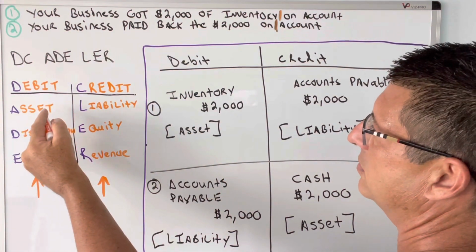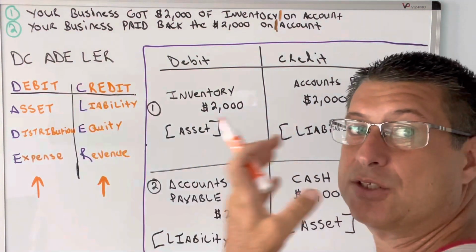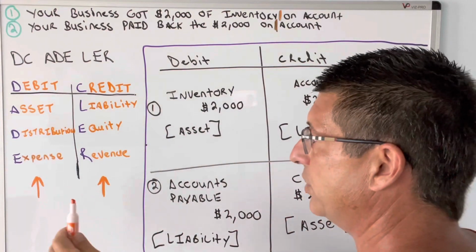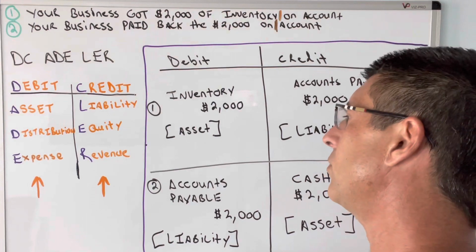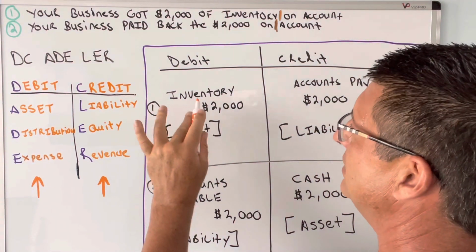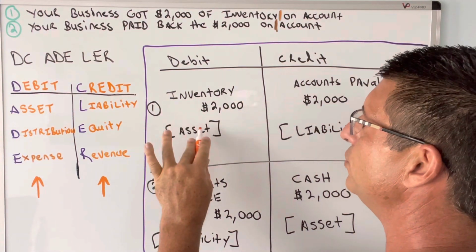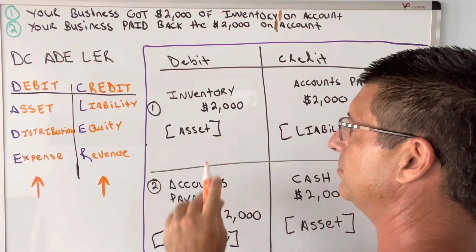Inventory is an asset. It is increasing because you're getting $2,000 of inventory. So it is going up. That's going to be our debit. You're going to debit inventory for $2,000 and it's an asset.